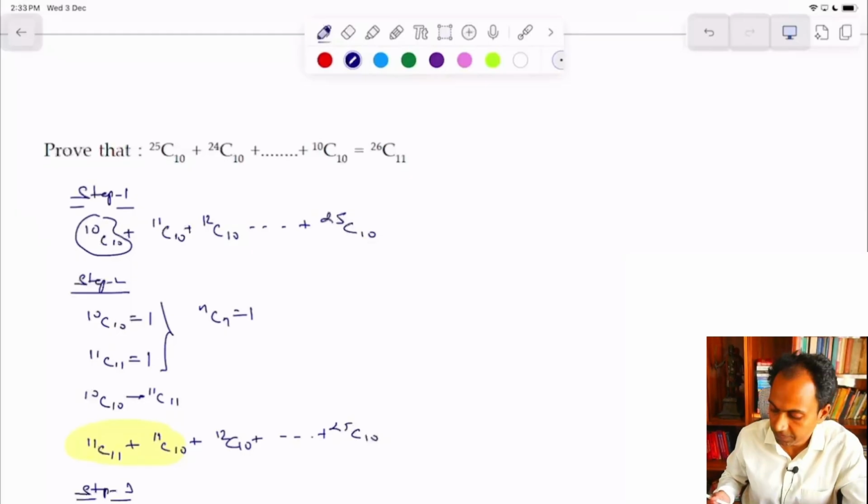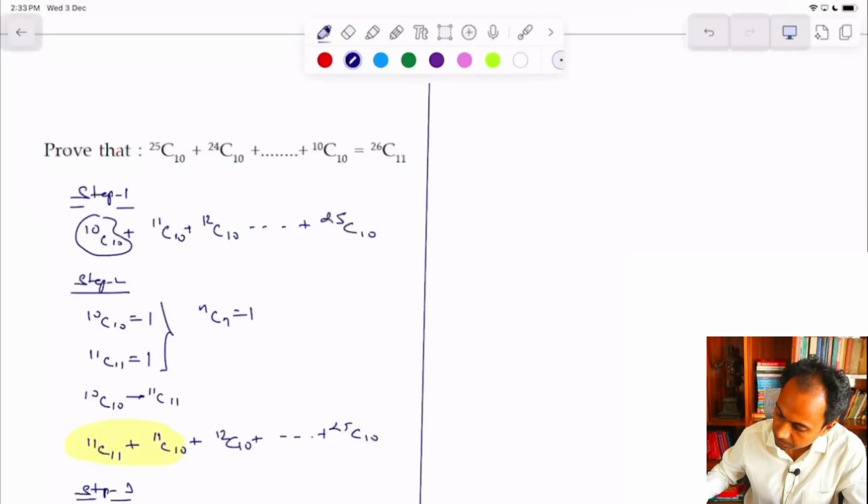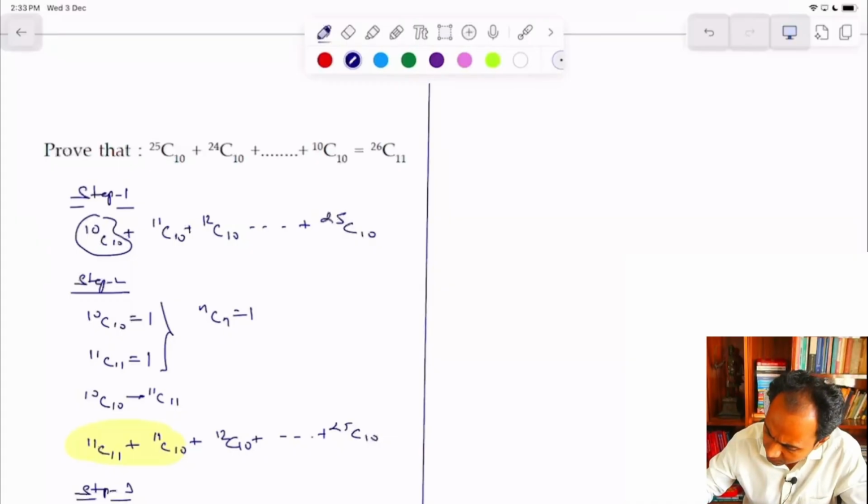Very easy to remember. So if I do this, what happens to my series? Let us see that. So if I rewrite my series one more time, you can see that now it has been compressed from the front end. This becomes 12C11 plus 12C10, and then this will keep on going 13C10 up till 25C10.